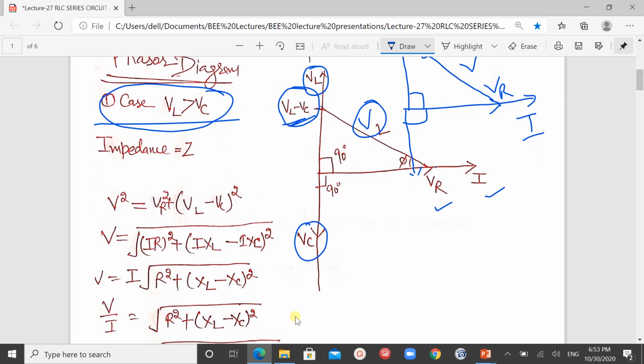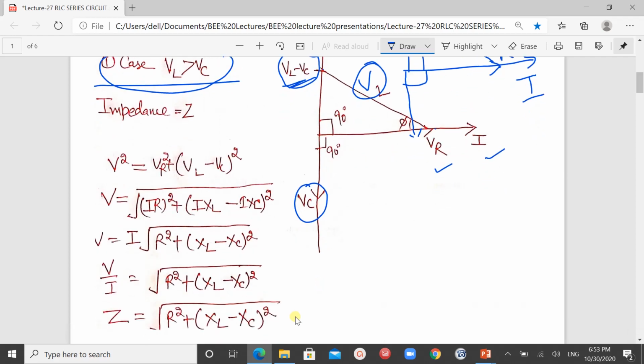Now from this phasor diagram we find out various values. The first one is impedance. For impedance, from this triangle we know V square, this resultant voltage V square, is equal to VR square, the voltage across the resistance, plus VL minus VC, the whole square.